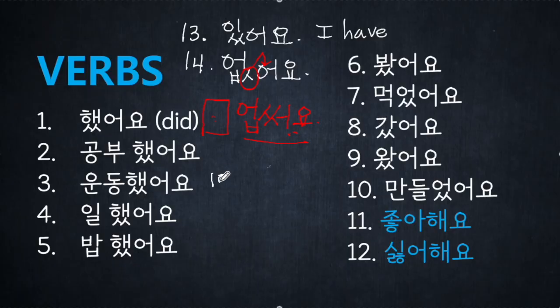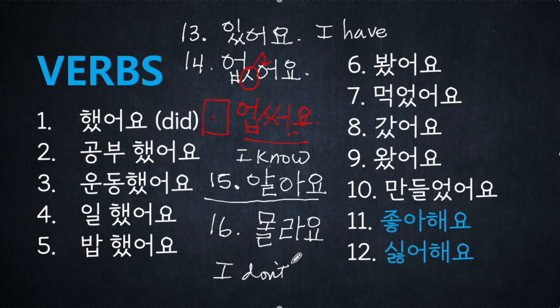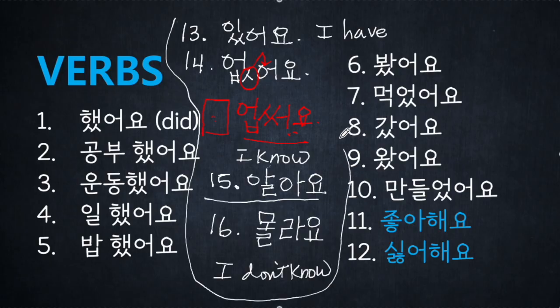Two other things that we learned are 알아요 and 몰라요. 알아요 means I know. 몰라요 means I don't know. Make sure you put this in your notebook.